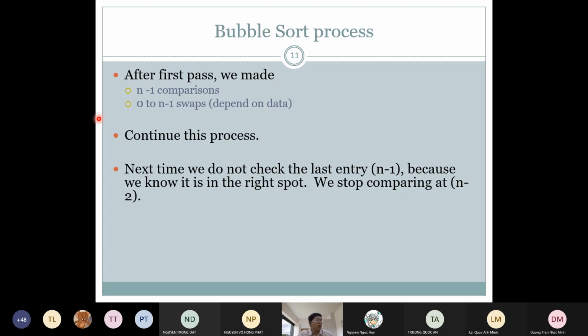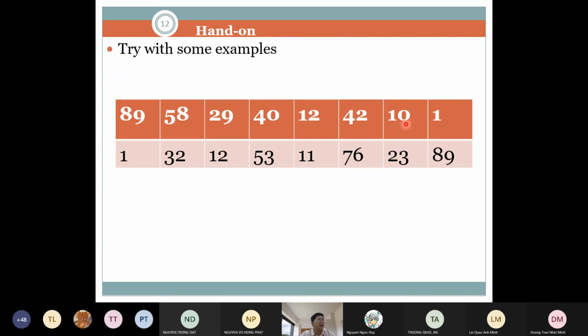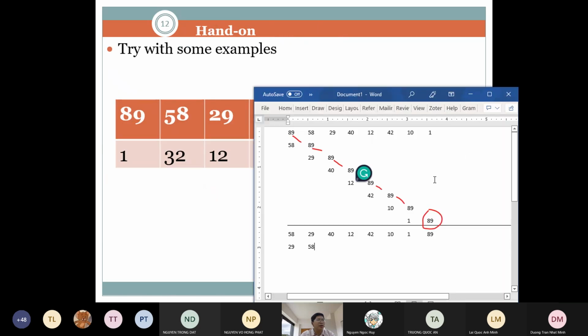And then what we know, what we have here in this one. Next time, when we do this process again, we don't need to check for the last entry, no? Because it's in the right position, and we stop the comparison there.